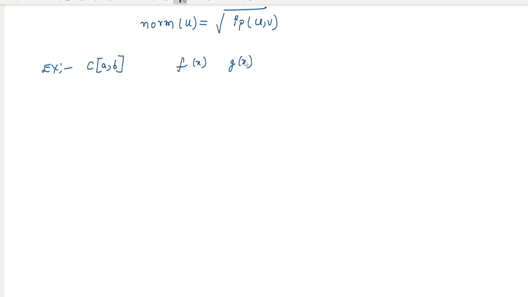The inner product of these two vectors over the interval, with respect to the weight function, is defined by the integral from a to b of f of x, g of x, w of x dx.